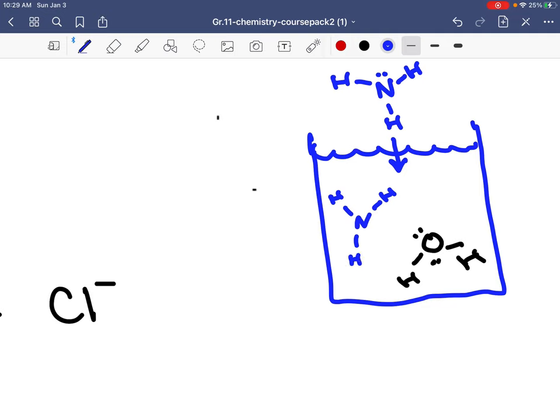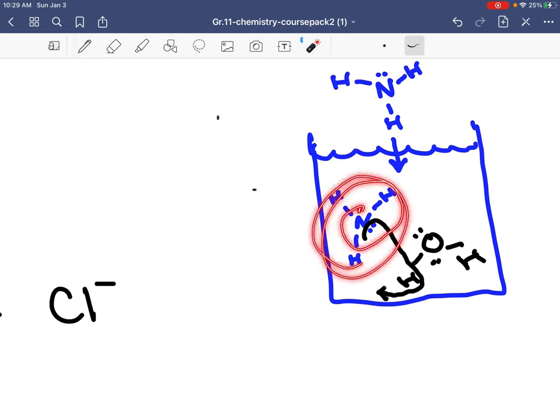But NH3, with its lone pair, is going to somehow say, hey, hydrogen, leave water. Come to me. Because this lone pair right here is better. You'd be better off staying with us rather than staying with him.